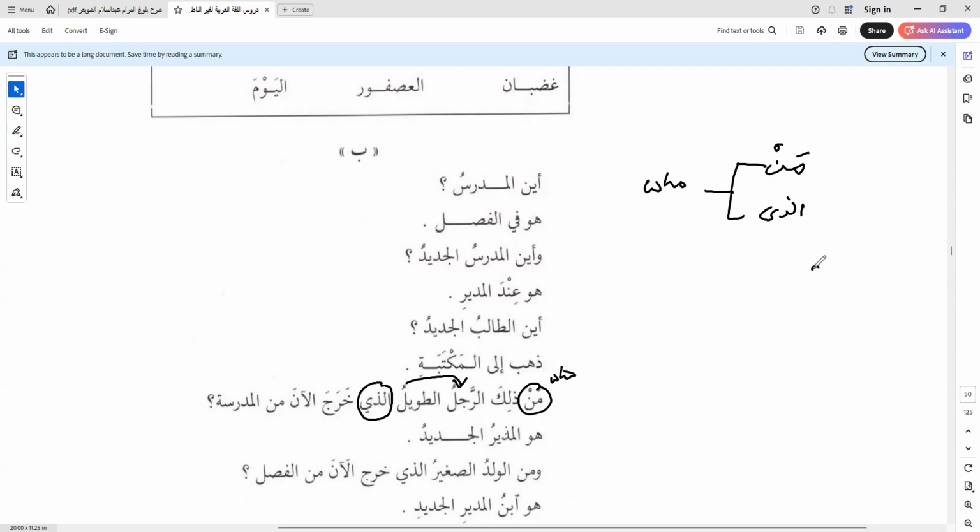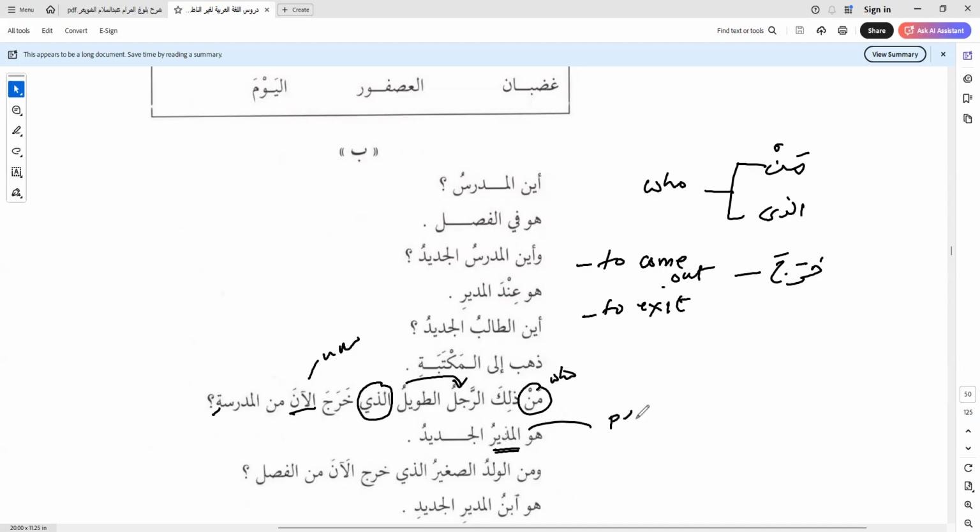Kharaja. Kharaja means to exit or to come out, or to exit something. So this man came out. Al-an, now. Min al-madrasati. So who is that man who came out now from the school? هو المدير الجديد. He is the new mudir.